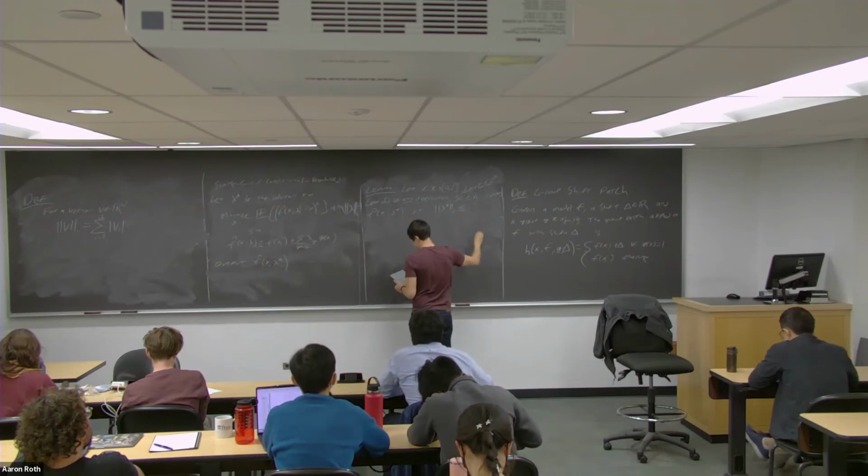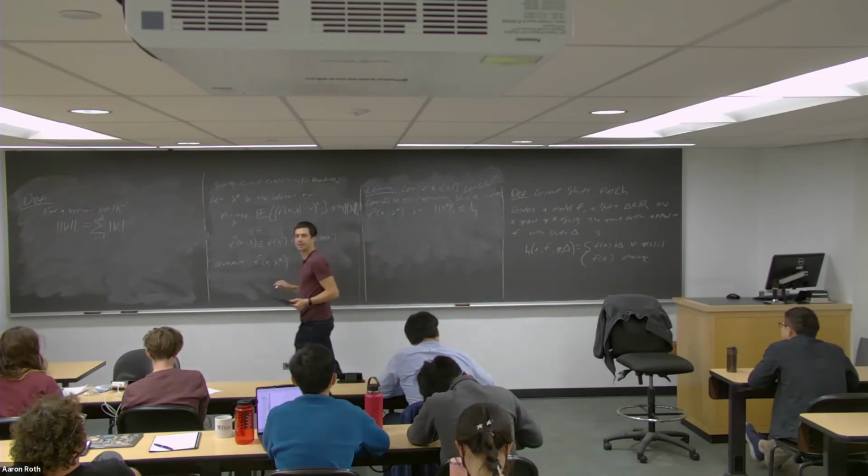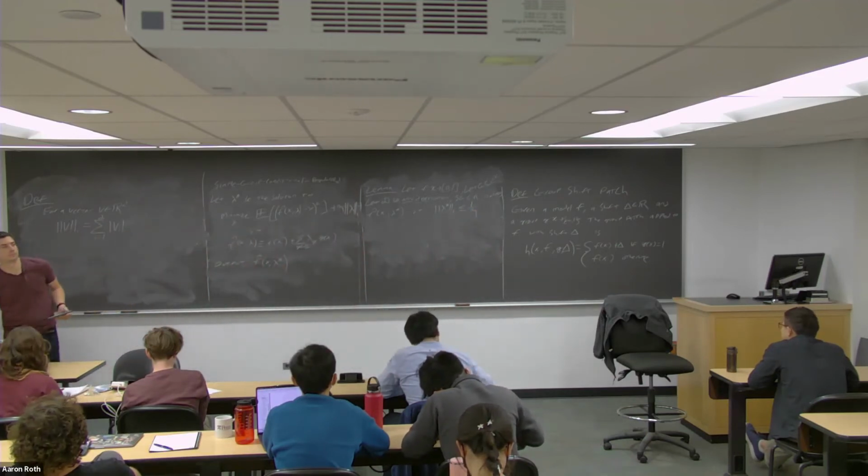In particular, it's at most 1 over eta, where eta is the weight that we put on the regularization term. Okay.